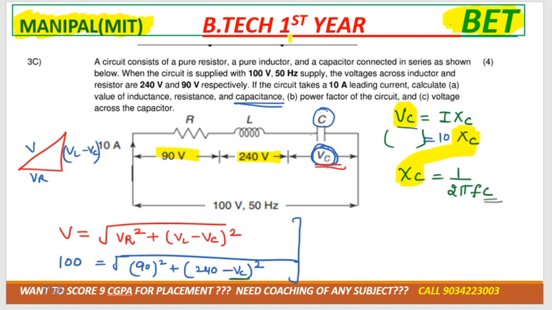Okay. Next in the B part they are asking power factor. Power factor is what? That is cos phi is equal to, you can apply any formula. Like see the voltage triangle. Tell me according to the voltage triangle what would be the formula for cos phi?